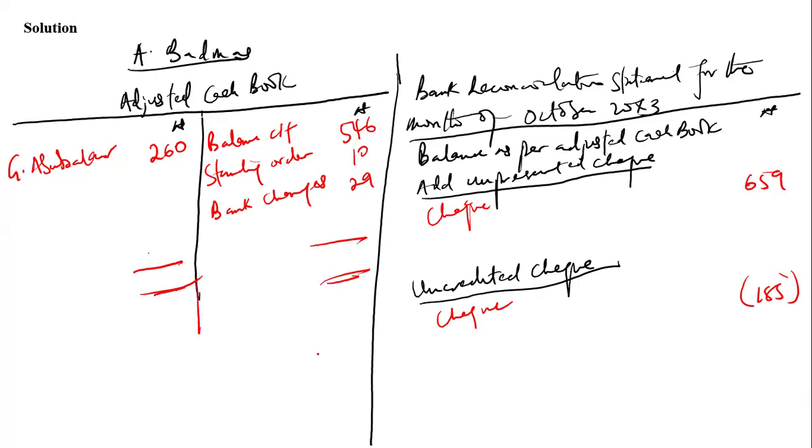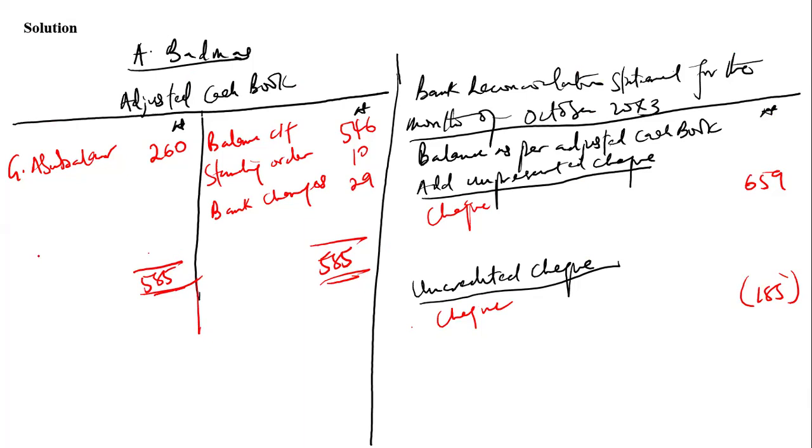Like what I always tell you, don't forget your calculator. So let's move to our calculator. Smooth and steady. We have here 546 plus 10 plus 29. That gives us 585. So we have 585 minus 260.